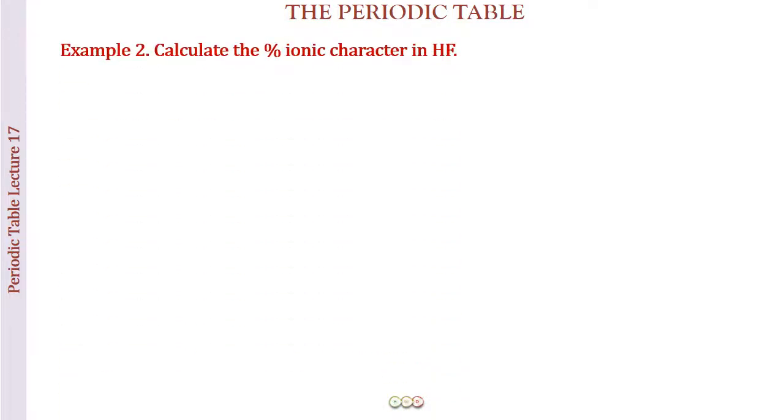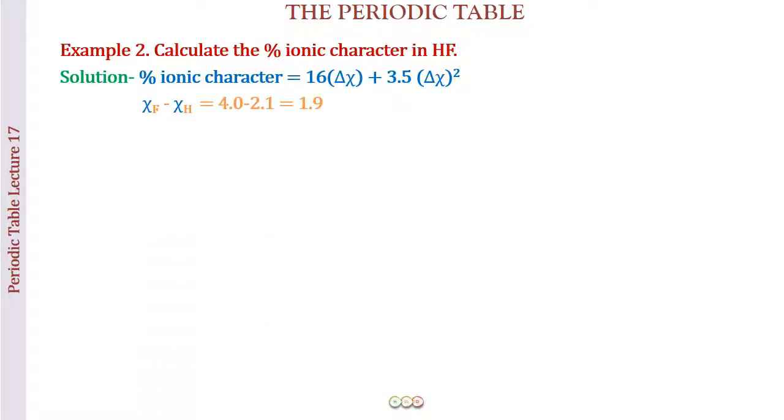The next question we have is to calculate the percentage ionic character in HF. This we will be doing according to the formula. Percentage ionic character is equal to 16 Δχ plus 3.5 Δχ squared. If we know the HF electronegativity values, we will be able to do this quickly. But remember that these values are just going to give us a fair rough indication of the percentage ionic character and not the exact values.